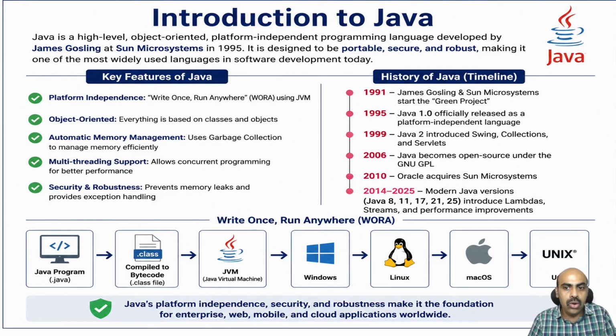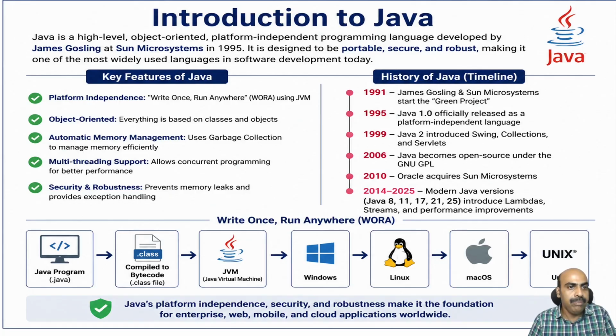If you put it in the Mac OS operating system, it will execute. If you put it in Unix, it will execute. Basically, if you have the JRE, the Java Runtime Environment, you can execute your code anywhere across operating systems.